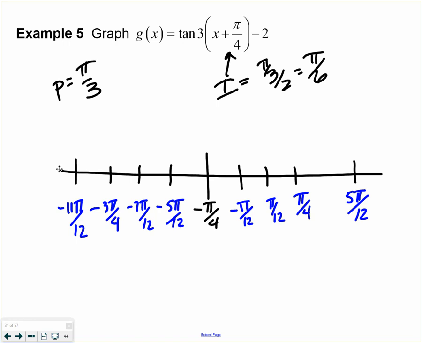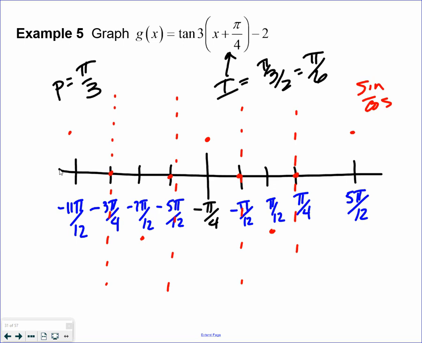Next, tangent. Tangent is sine over cosine, so the underlying curve that I need to worry about is cosine. Cosine starts off on the midline. Every time cosine hits the midline will cause an asymptote. So I have an asymptote each time cosine hits the midline.